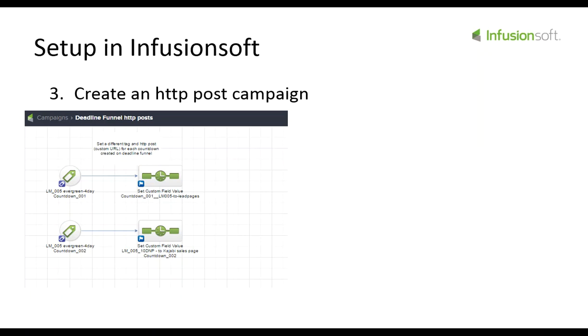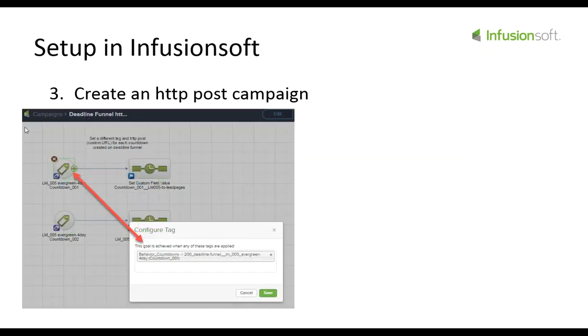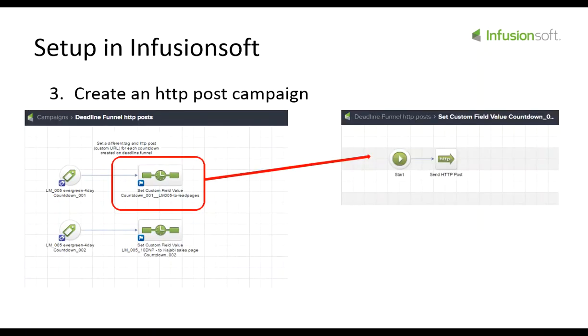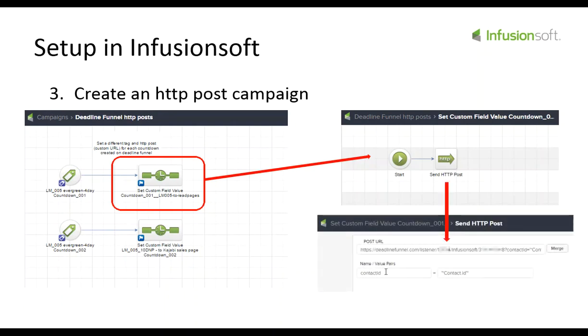So as we see here, we see processes for two different countdown timers. Right? In the first, countdown 001, it begins when a tag is applied on a contact. And you can see here, this is the unique tag that we created. And here's the sequence, right, which looks like this. Right? And this post is set up with a post URL, but you won't know what your post URL is until you set up the countdown timer. So let's dive into that.